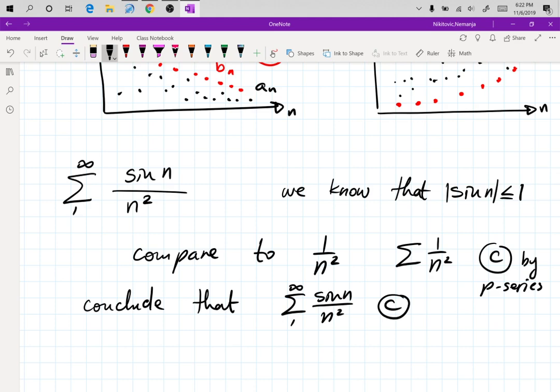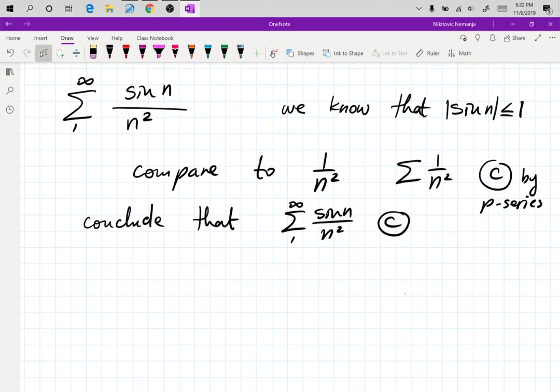So why does it converge? Because 1 is bigger than the sine. And because 1 is bigger than the sine, that is our condition on bn, and then we have convergence. So it kind of squeezes it into convergence, and we have a convergent series. Let's take a look at another case.